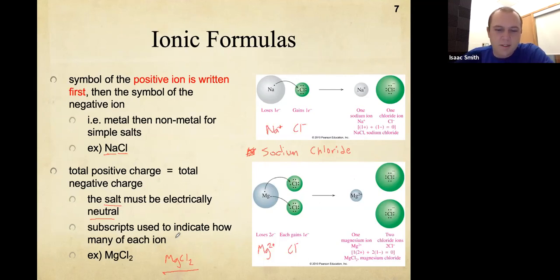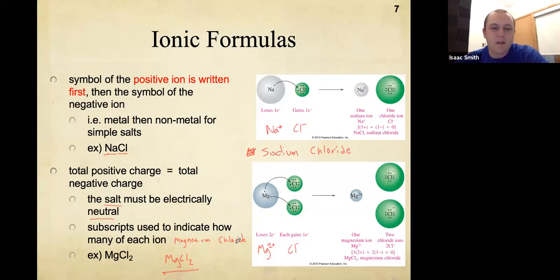And then the name is just going to be the name of the positively charged ion, so magnesium, and then the name of the negatively charged anion, okay? And you don't need to indicate that there's 2 chlorides, because you are going to practice, and at some point you will know that magnesium always generates a 2+ ion and chloride always generates a 1- ion.